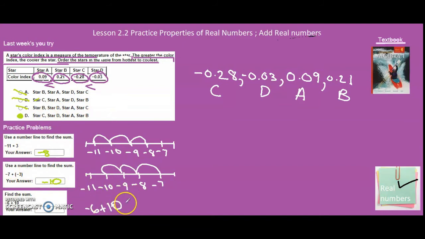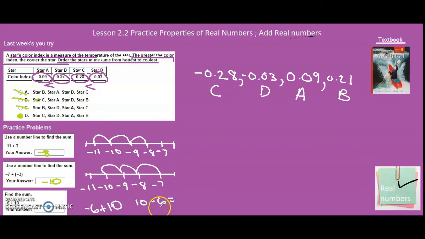The number that's greater here is 10, which is positive, and the number that's less is negative 6, which is a negative integer. Since there is a negative number involved, we're going to be subtracting. So this problem will be written as 10 minus 6.